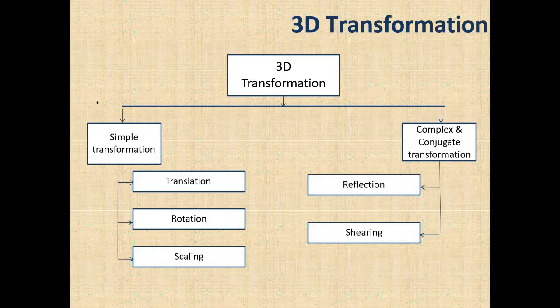In the non-rigid cases the shape may change, but in the rigid cases the shape won't change. That is why it is rigid and non-rigid. Under rigid come translation, rotation and scaling, like 2D transformation. Under non-rigid, reflection, shearing, mapping, and many other operations are available.